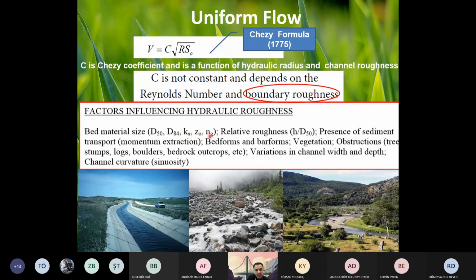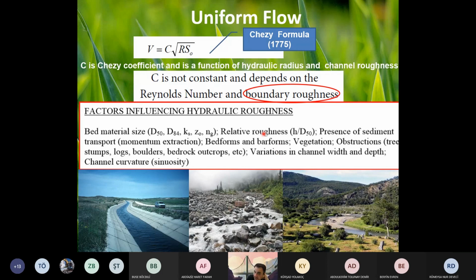These are some features that you might be familiar with from the soil mechanics course. For example, D50 means the diameter of these stones, which 50% are less than that diameter.